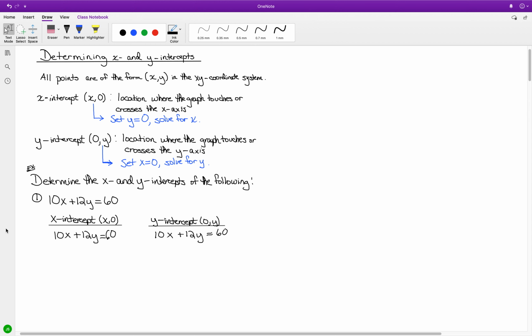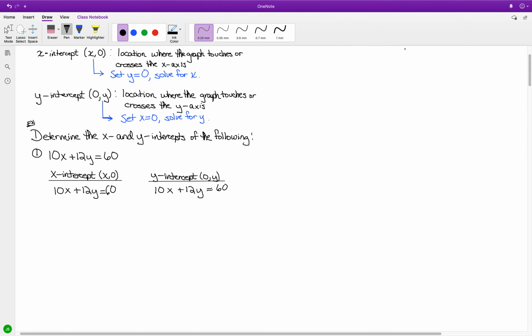Let's say we have, as a case of determining both intercepts, the linear equation 10x plus 12y equal to 60. To determine the x-intercept, I set y equal to 0 and solve for x.